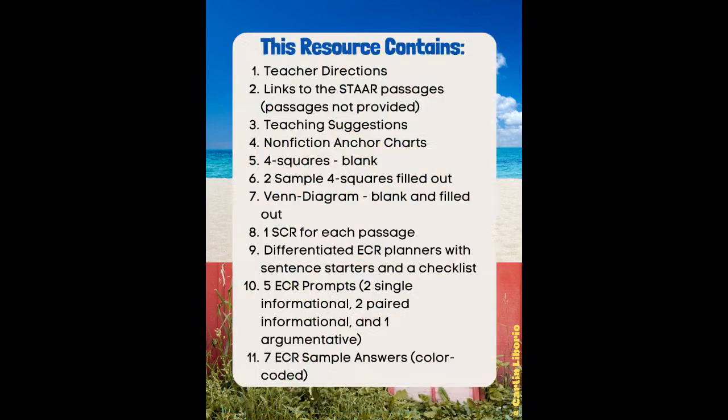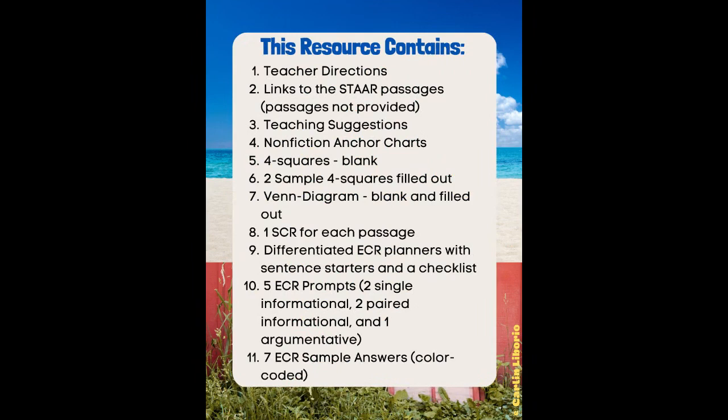So this tells you what is included. It's going to have the links to all of the star passages. It's going to have teaching suggestions. I try to include a pacing and modeling suggestion so you have everything you need to teach this.